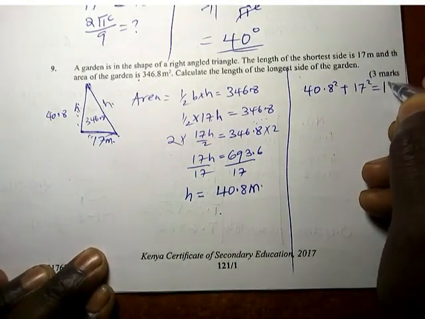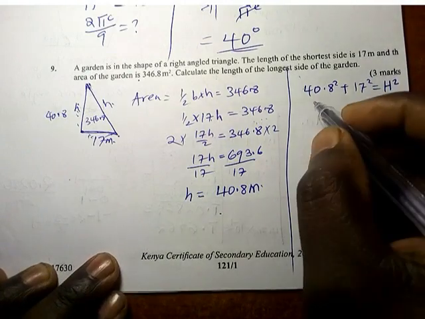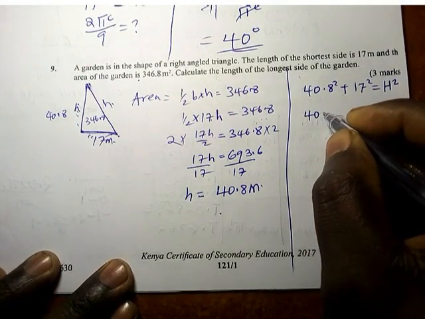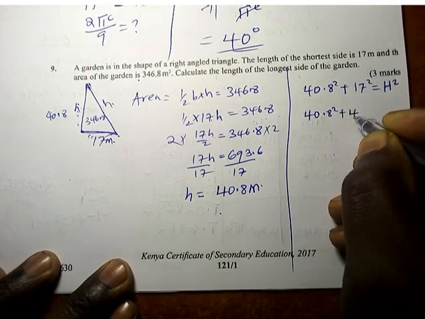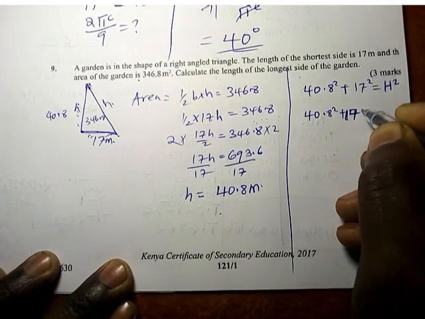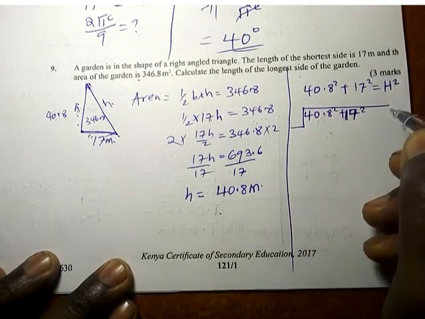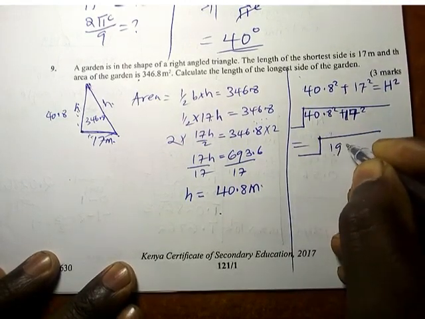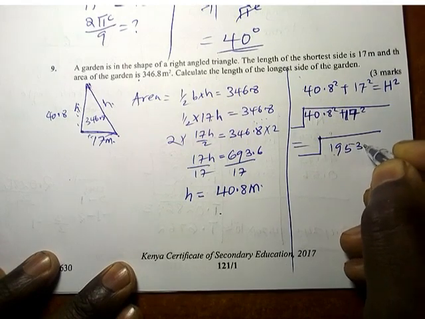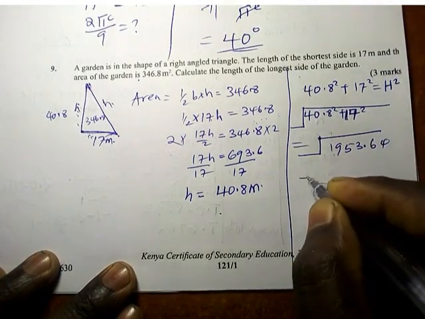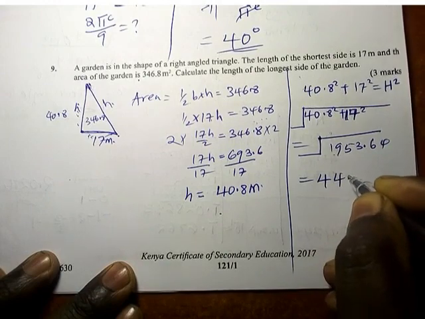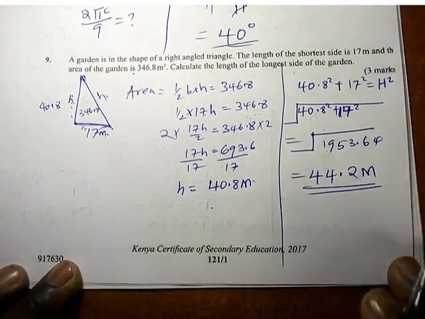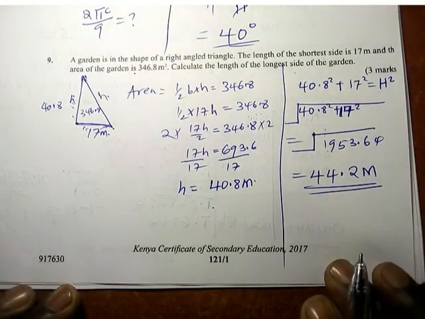We repeat, the hypotenuse squared. So the hypotenuse is the square root of 40.8 squared plus 17 squared, which is the square root of 1953.64, and that gives us 44.2 meters. So the hypotenuse side is 44.2.